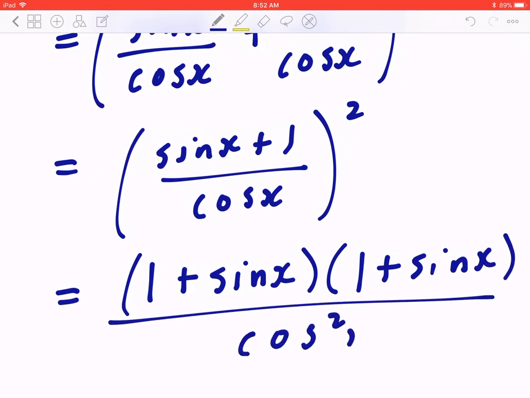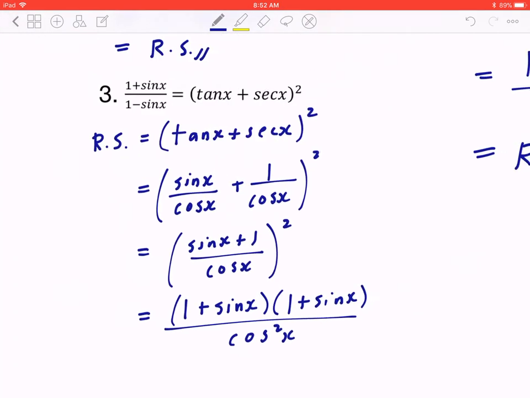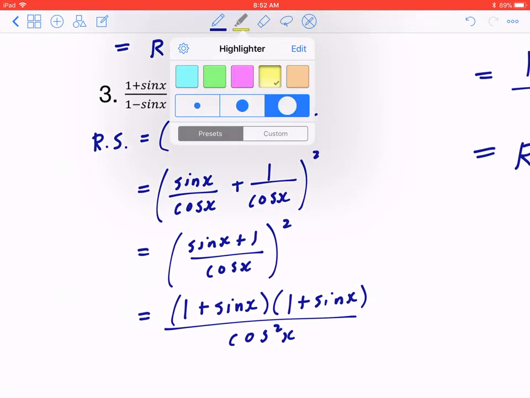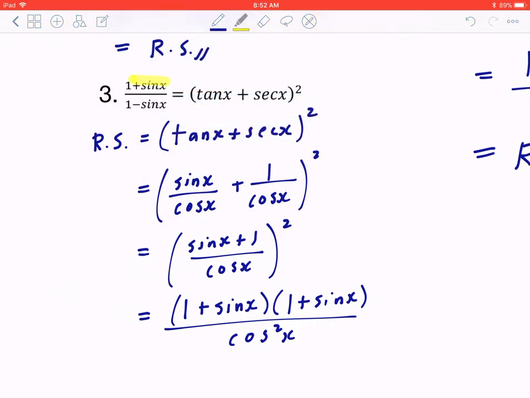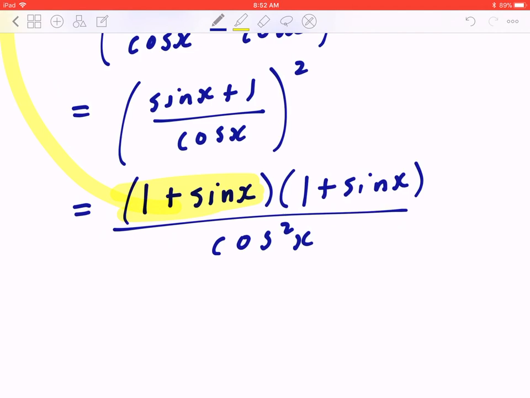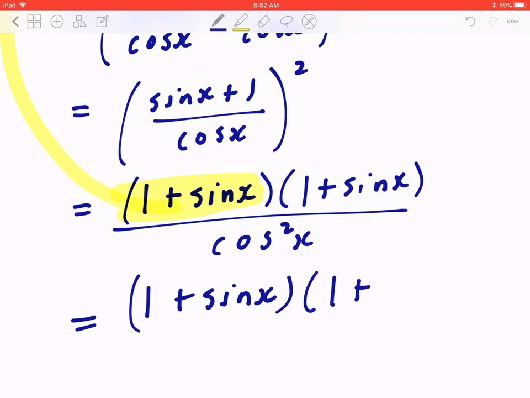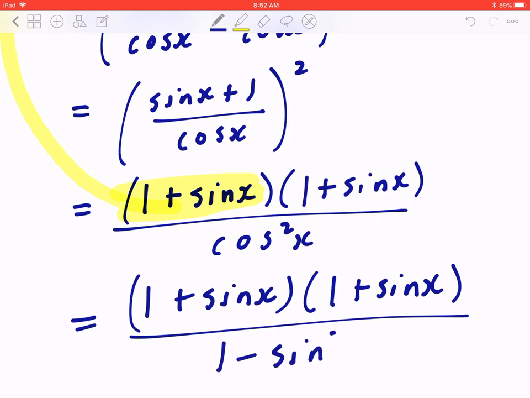You look at the bottom, that's cosine x squared. And of course, I'm going to highlight this to make sure it's very clear. We want 1 plus sine x. We have 1 plus sine x. So do not do anything with that. Don't expand, just copy. If you keep going, look what happens. I copy the top, and if I look at the denominator, I can rewrite cosine square x as 1 minus sine square x.